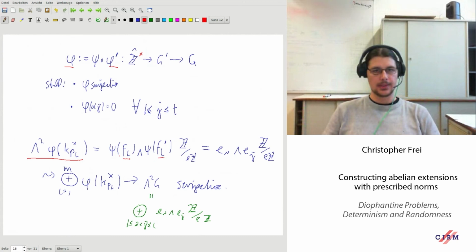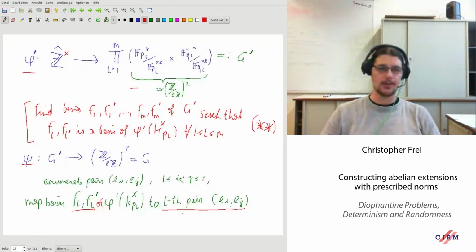So the exterior square of phi of KPL is cyclic of order E, and here is a basis element. But now we constructed this psi map in exactly such a way that this pair FL prime goes to EI, EJ, or a pair EI, EJ of basis elements of G. Yeah? So that's how we constructed the map here.